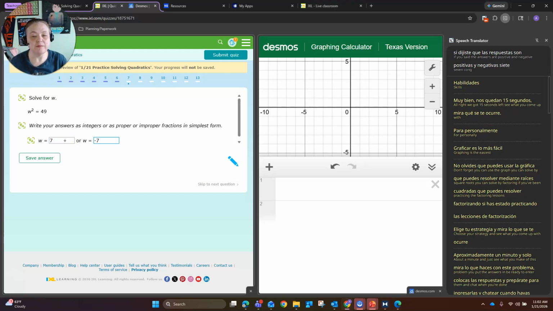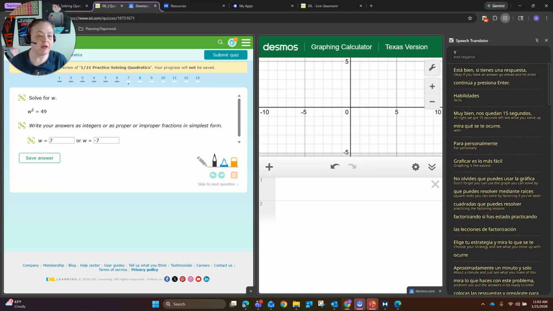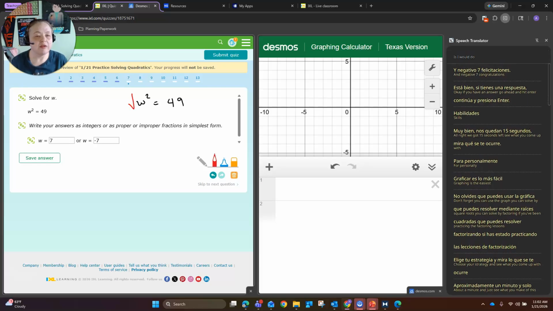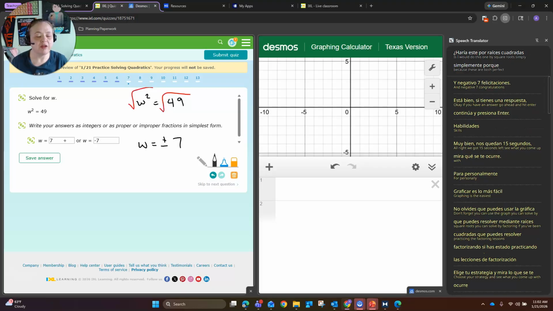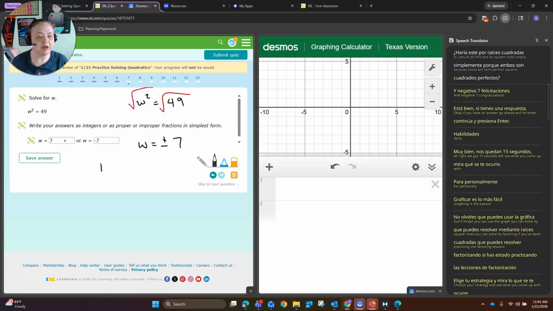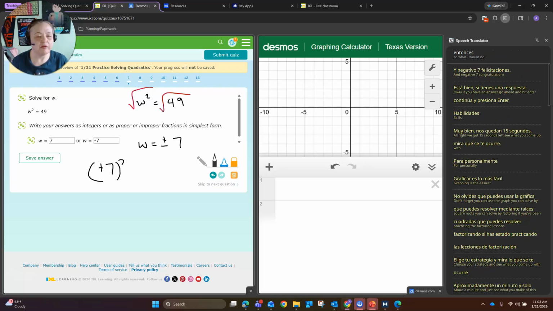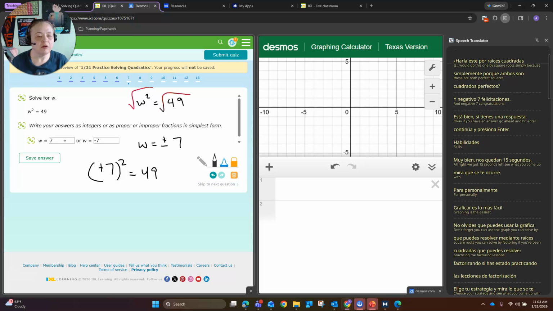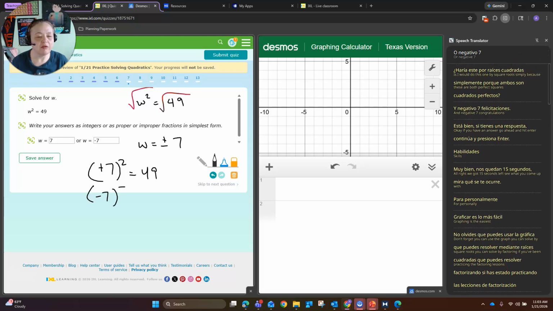If you said the answers are positive and -7, congratulations. You are correct. And what I would personally do is I would do this one by square roots, simply because these are both perfect squares. So what I would do is take the square root of both sides, and I get w equals positive or -7, and that is again because +7 squared is 49, and -7 squared is 49.